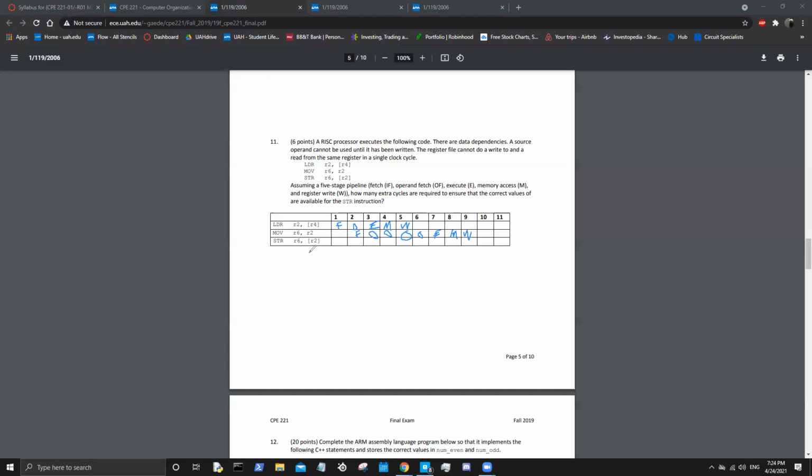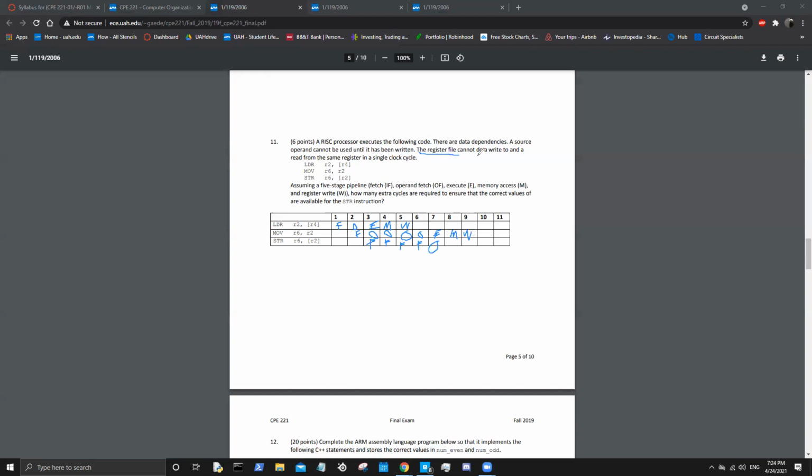Nice. Now we need to store R6 into R2. Now store has special privileges, but you can still see that this is a little bit of a doozy here because we got to start all the way back here. And then we got to run F. We can finally do an O. But the thing is, in this case, it has a rule that says a source operand cannot be used until it is written, and the register file cannot do a write and a read at the same register.